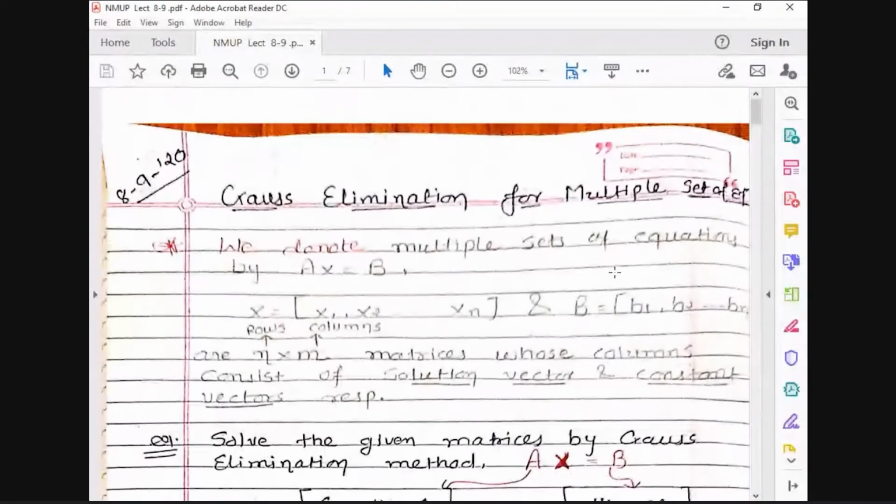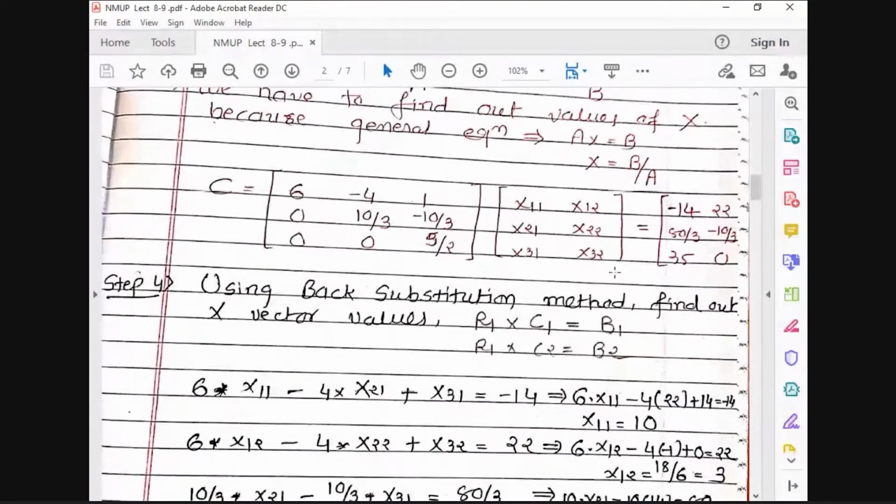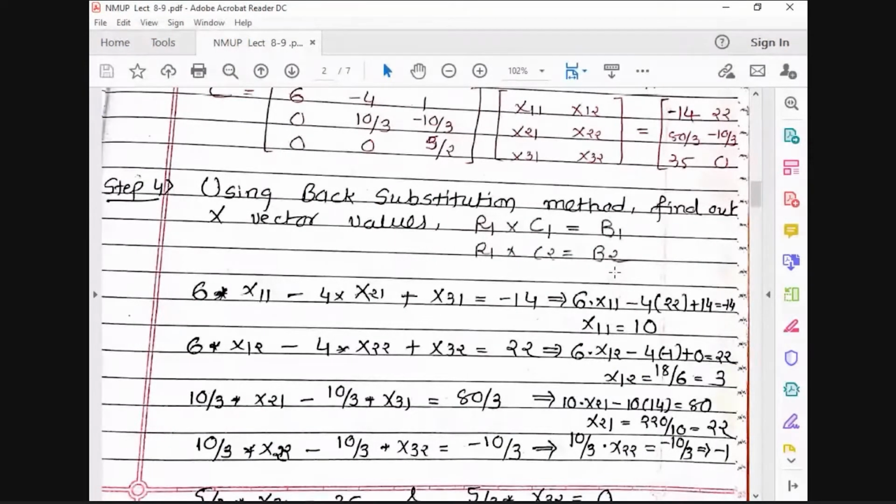So in that way, you have to make the set of equations, right? And try to calculate each and every value of x11, x12, x21, x22, x31, and x32.